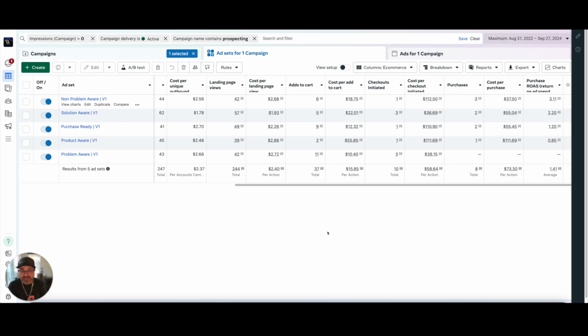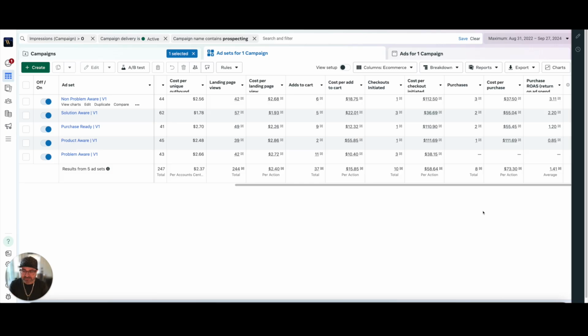But our CPA for ecom, and this is an ecom account, means our cost per purchase. For this specific account, our average cost per purchase is typically around $50. You can see in this account, it's showing around $73, but this is a new testing campaign. On all of our old campaigns, the average cost per purchase usually comes out to about $50.